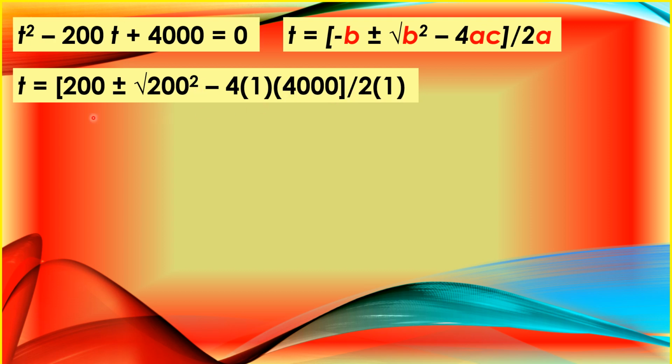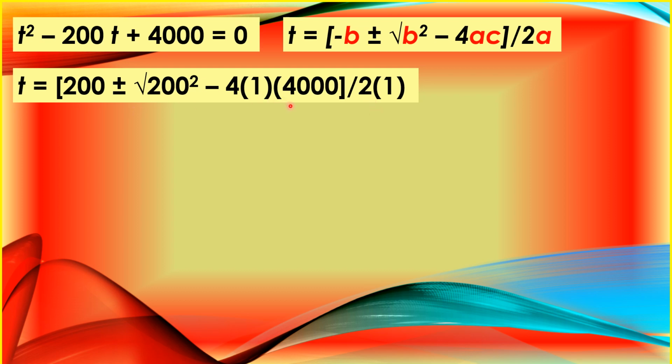So we will come up with two possible answers for the value of t. The first one, where we add 200 plus whatever comes out as the square root of the quantities inside the radical sign, and then divided by 2.